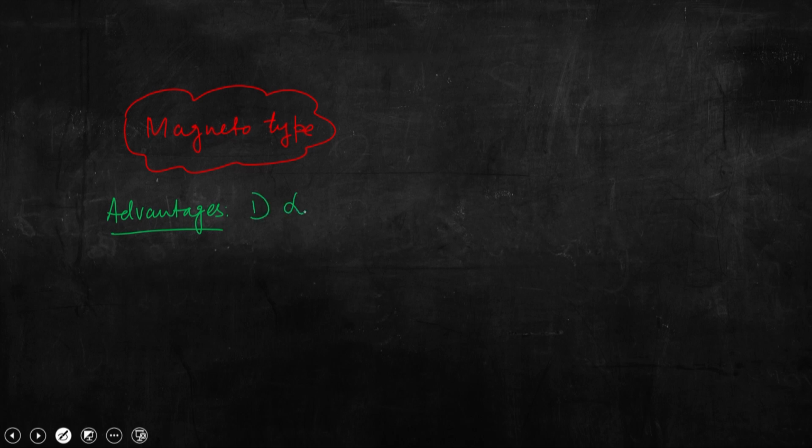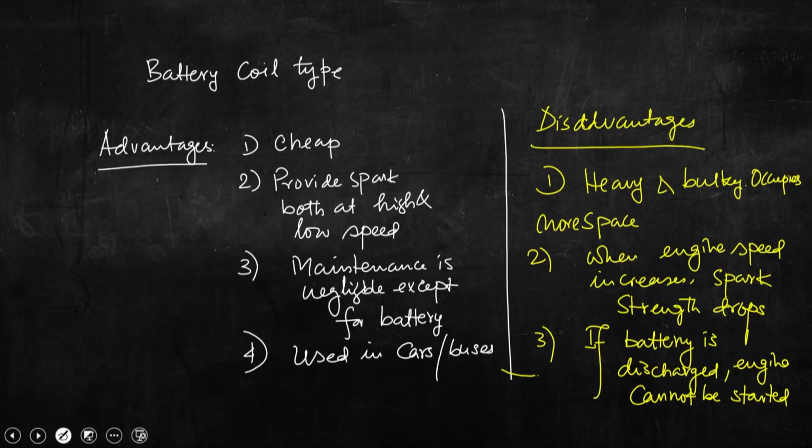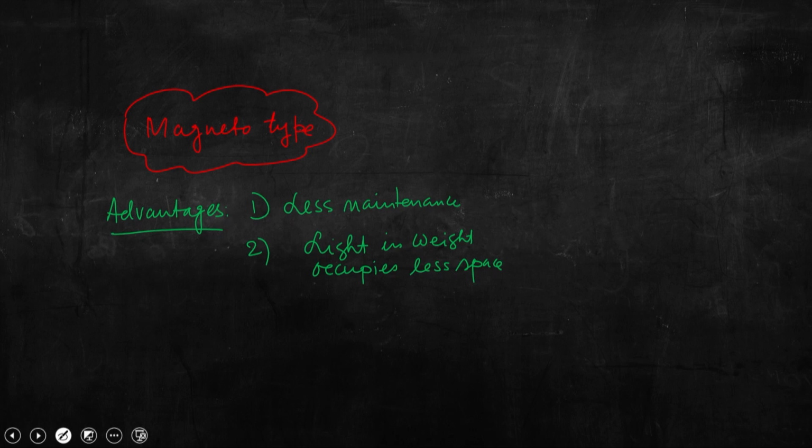Again, number 1 is less maintenance, number 2 is light in weight, that is not heavy or bulky. So, it occupies less space. As I told you, we had seen that the battery coil type is heavy and bulky, so it occupies more space. So, certainly we should design another type, and in that particular type we can eliminate this problem or issue.